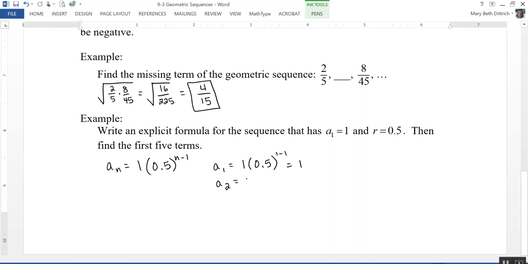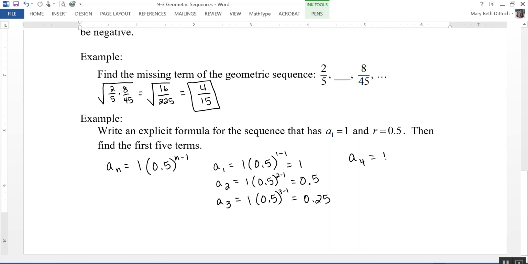A sub 2 is going to be 1 times 0.5 to the 2 minus 1, which is going to be 0.5 to the 1, or 0.5. A sub 3, 1 times 0.5 to the 3 minus 1, which is going to be 0.5 squared, or 0.25.